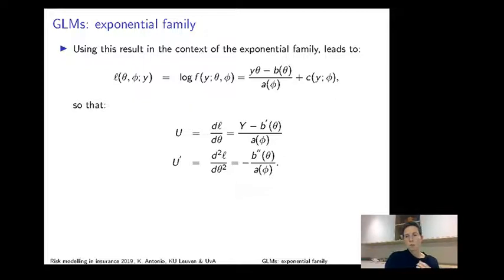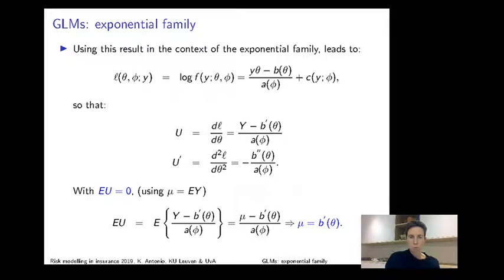Now we mentioned on the previous sheet that the expected value of U must equal 0. So with the notation mu for the expected value of the response variable y, this implies that mu must equal the derivative of b with respect to theta. And there you see our general expression for the mean of a distribution from the exponential family.